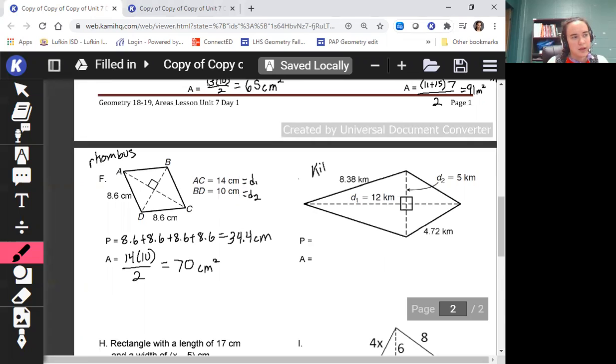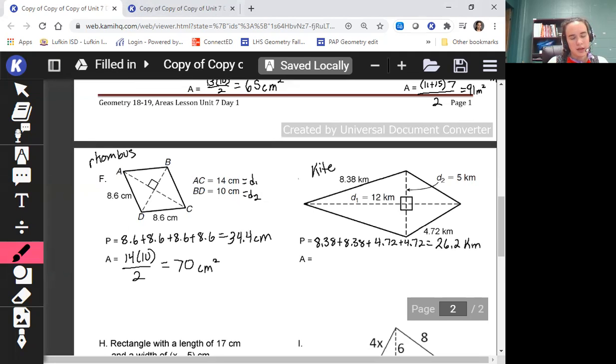And then we have a kite. So the perimeter of a kite, 8.38 plus 8.38 plus 4.72 plus 4.72. And we get 26.2 kilometers.